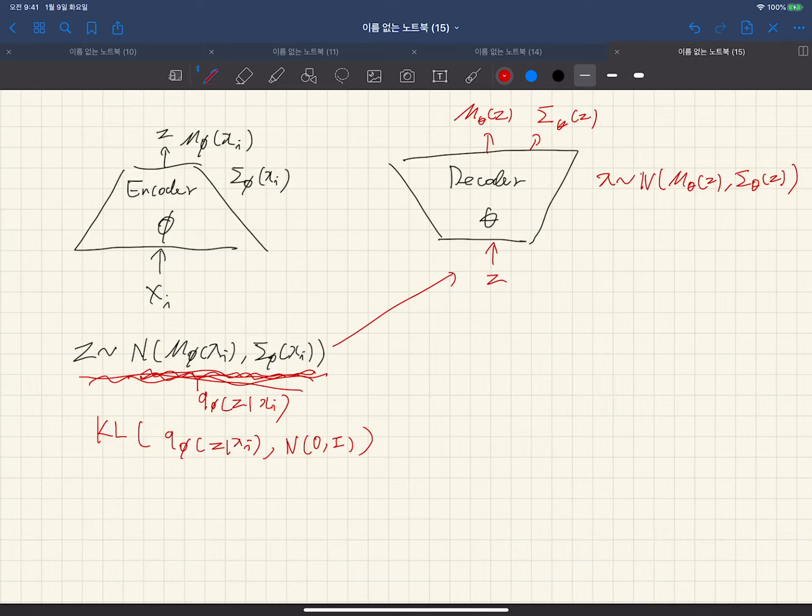The encoder part will try to minimize this KL divergence for each data point xi, i from 1 to n. So this part is forced to make your latent variable distribution follow the normal distribution with mean 0 and identity covariance matrix.